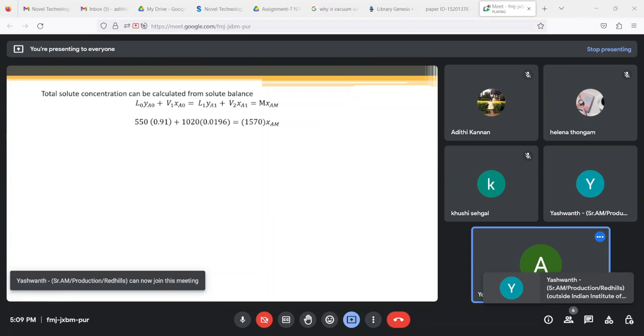If anything needs to be repeated, kindly let me know. Solution is calculated by A plus C. Solute concentration is calculated by A divided by A plus C. That is how these values came from the previous questions. So from this, you can calculate XAM, which is 0.33. This is your solute concentration in the mixture. The answer is option B.